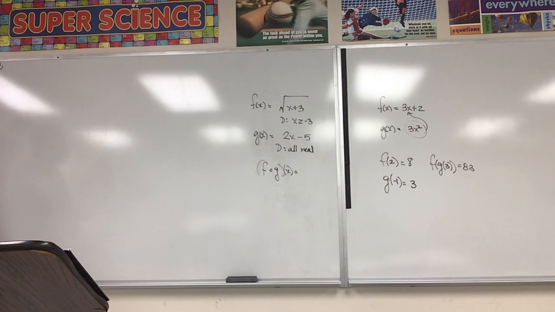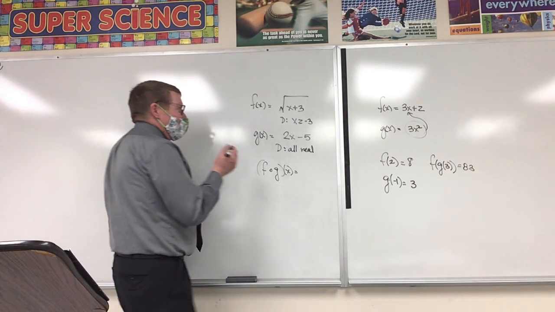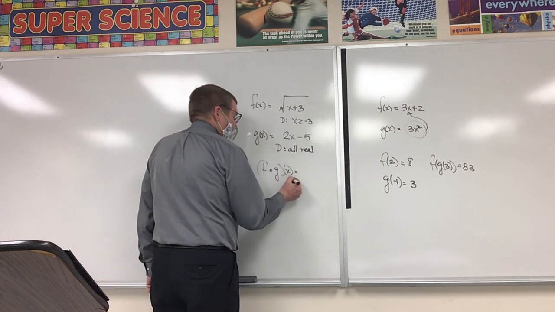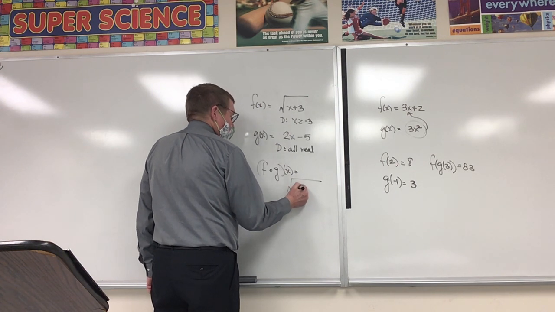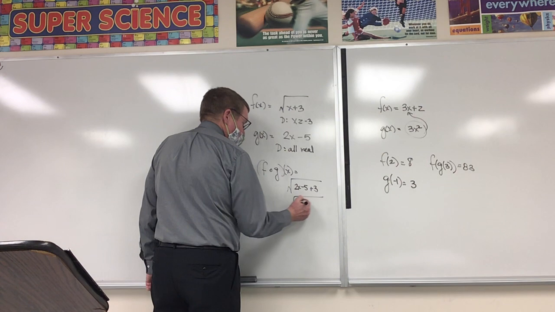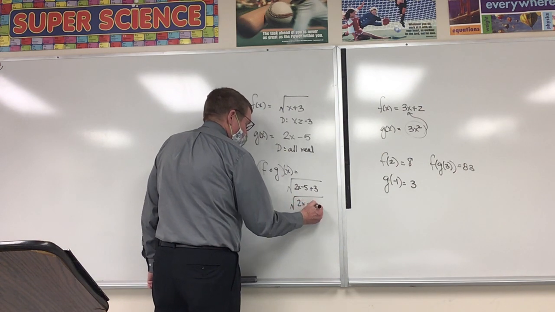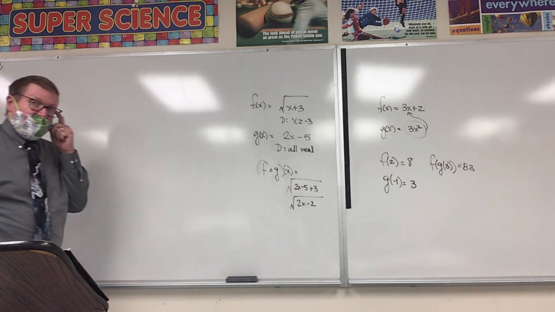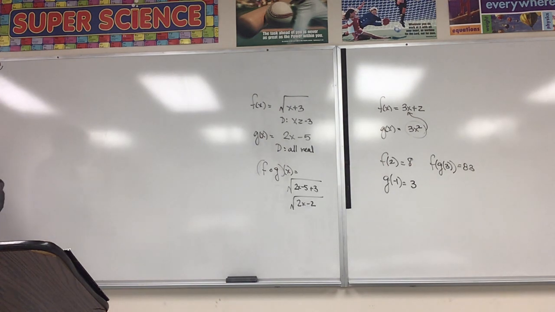Put g(x) into the x in the f function. I'm not sure, is that what you said, Tyler? I couldn't quite hear you, sorry. So we're going to do that: the square root of 2x minus 5 plus 3, which is 2x minus 2. That's the simple part. We all can do that.